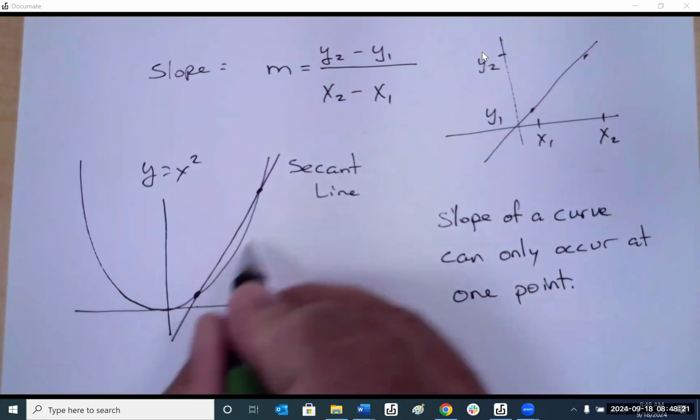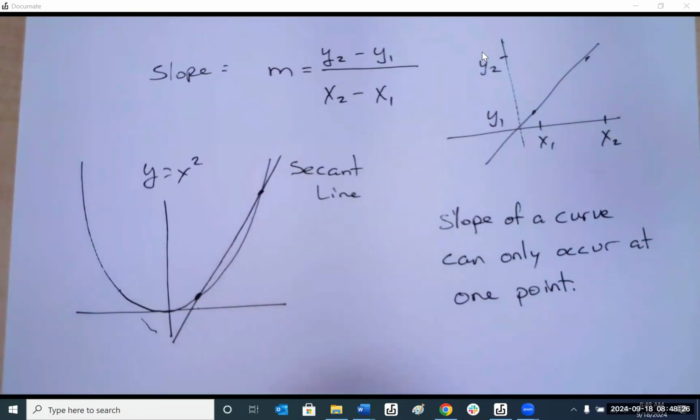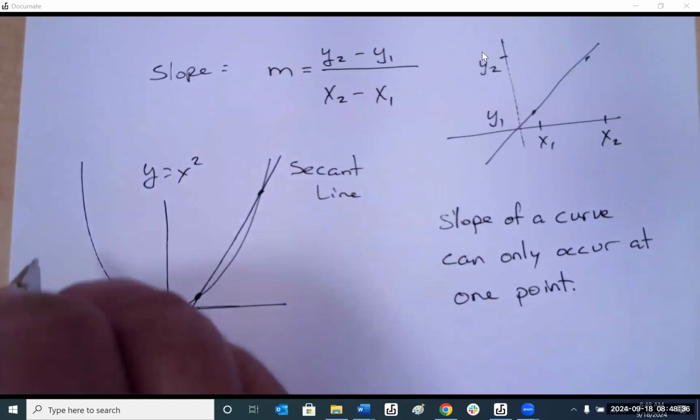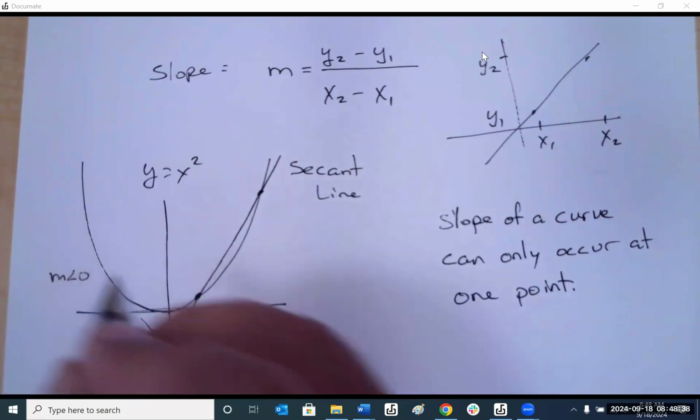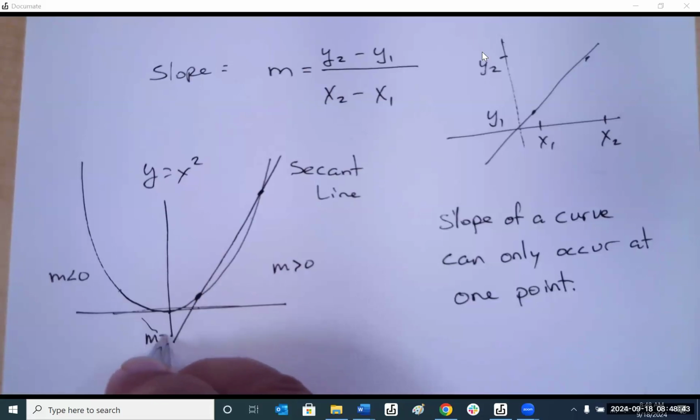On this side, it's a positive slope. On this other side, it's a negative slope. And what happens in the middle? What happens at the vertex? Horizontal. So we have a negative slope here, we have a positive slope here, and we have a zero slope at the vertex.